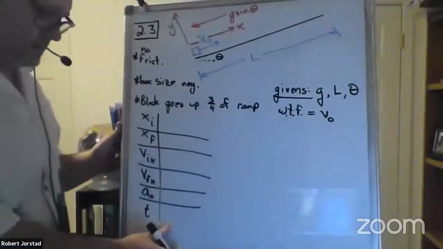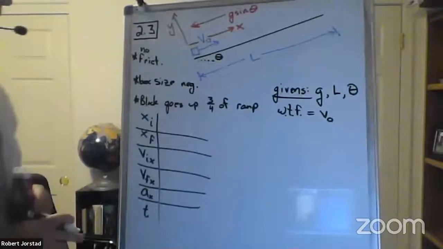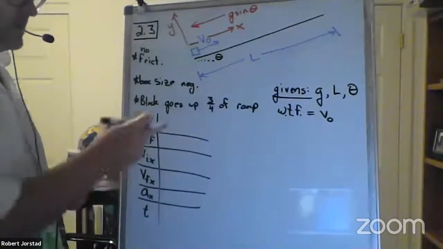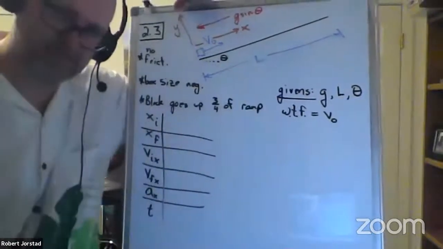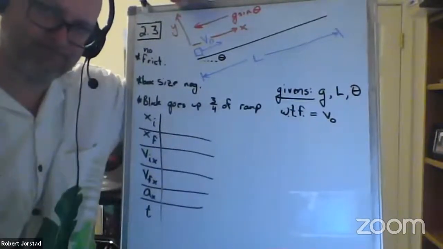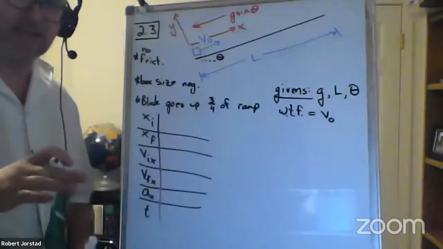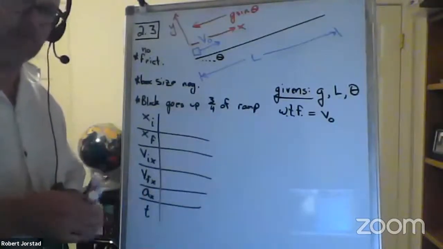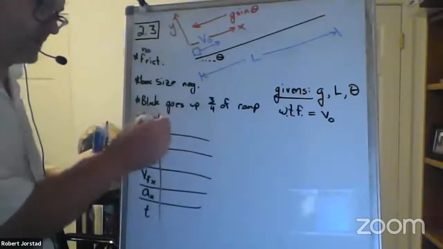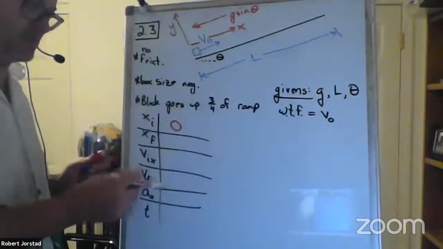Okay, let's go through it and see what we know. What do you think X initial is in this case? 0. Why not start with 0, unless you have some significant reason to do otherwise, assume the initial position is 0. Some problems we might want it non-zero, but for this one, let's just start with 0.